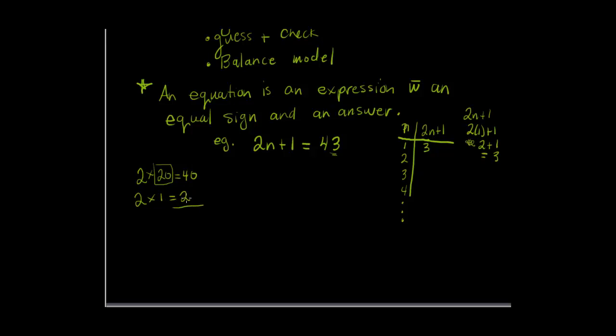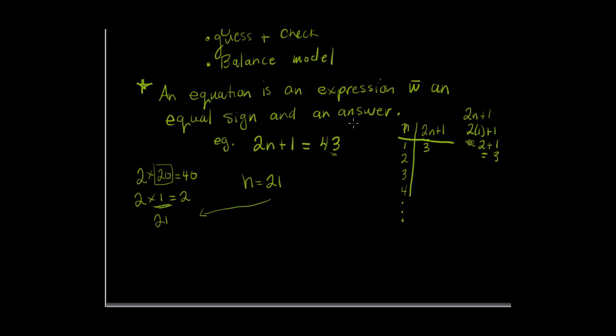If I put those together, this equals 42, and then if I add that to the 1, I get 43. So by guessing and checking and using my math strategies, I end up with 21. Therefore, n is equal to 21 because of guess and check.